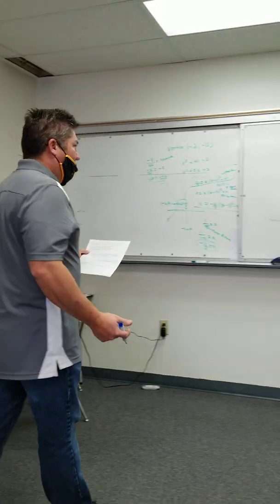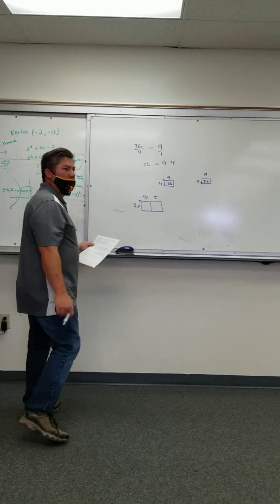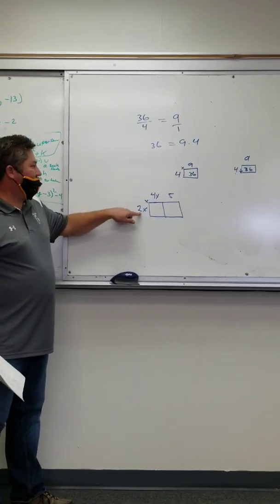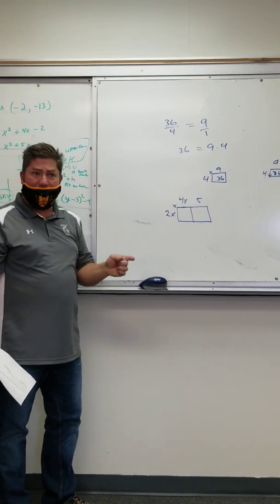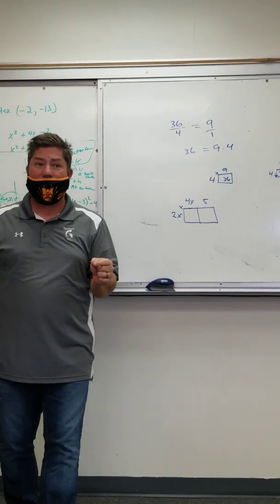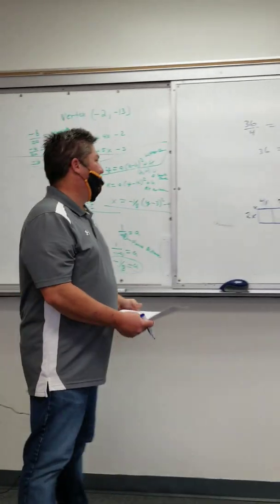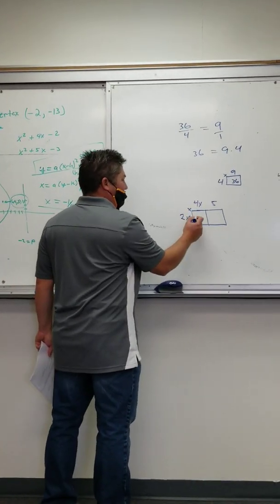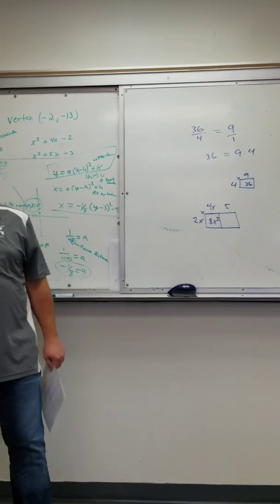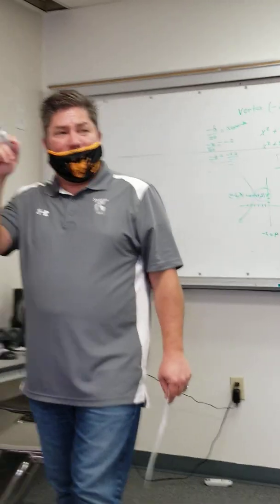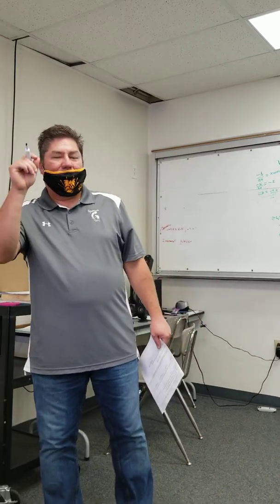Okay. Now, how do I multiply? I take the 2x times 4x. Don't add them. Where kids get in trouble is they add them. You've got to multiply them. 4 times 2 is 8x what? Squared. Don't forget to add the exponents of the values.